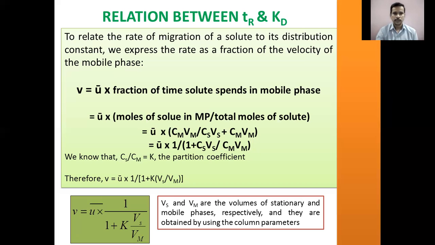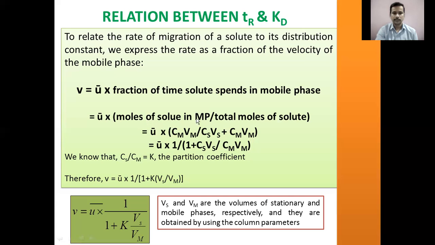We know this. So what is the solute amount in the mobile phase? That can be written as moles of solute in the mobile phase divided by total moles of solute. So some total moles of solute have been introduced at the head of the chromatographic column, out of which some moles of the solute are transported into the mobile phase, because this solute might have shown very weak interaction or almost no interaction with the stationary phase.